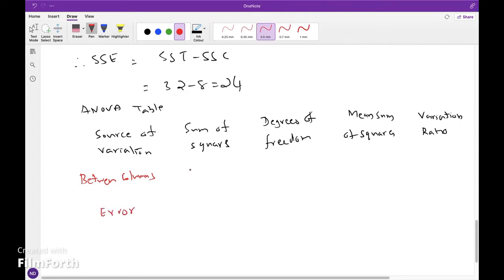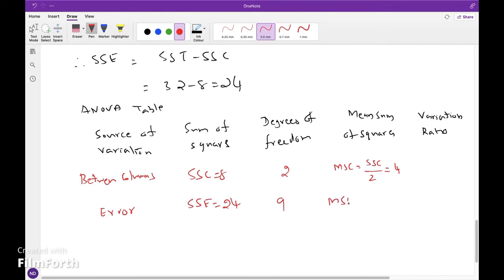Sum of squares we already found. SSE error is 24. Degrees of freedom, this value is 2, this value is 9, so total 11. Mean sum of squares, that is equal to SSC by 2, that value is 4.